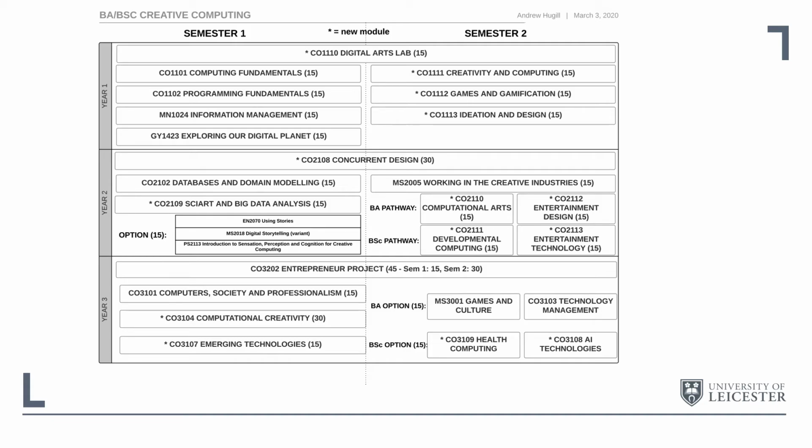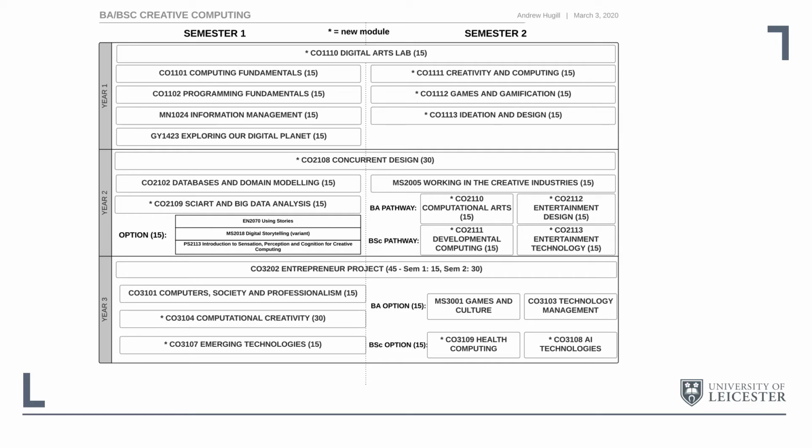And then in semester one, Computer Society and Professionalism really provides the context for the Entrepreneur Project. So this is looking at the way that the computing industry and the tech sector generally functions and how you can be professional within that. Computational Creativity, this is a module that focuses on artificial intelligence.